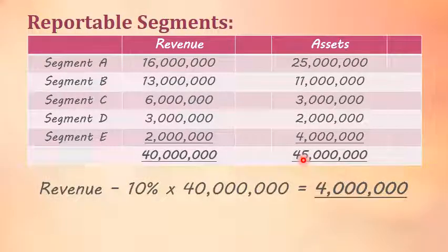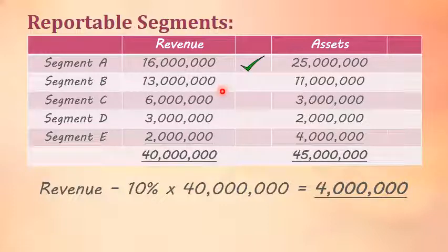So, since 10% daw ng total revenue, para maging reportable segment ka, ibig sabihin 10% times 40 million is equal to 4 million. Titignan mo ngayon yung revenue ng bawat segment. So, si segment A ay 16 million. Pasok ba dun sa 4 million na reportable amount? Yes. So, ibig sabihin, check siya, reportable segment si segment A.